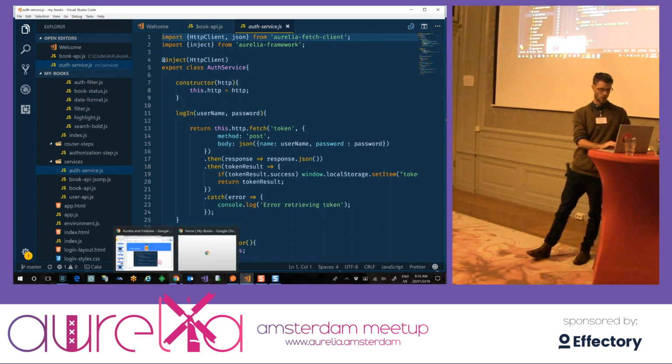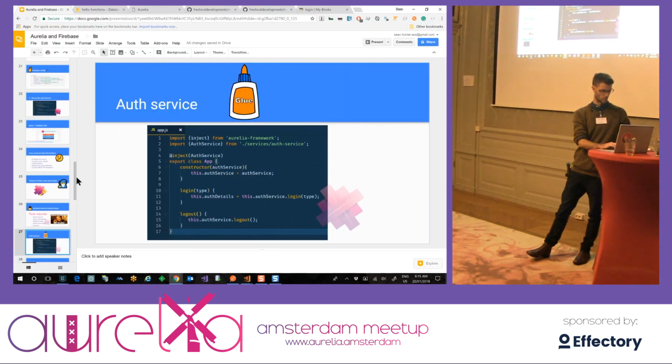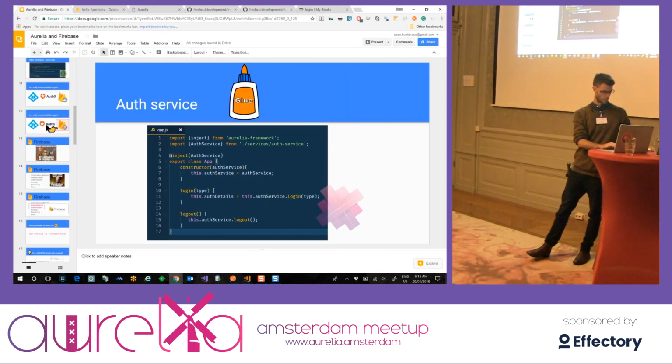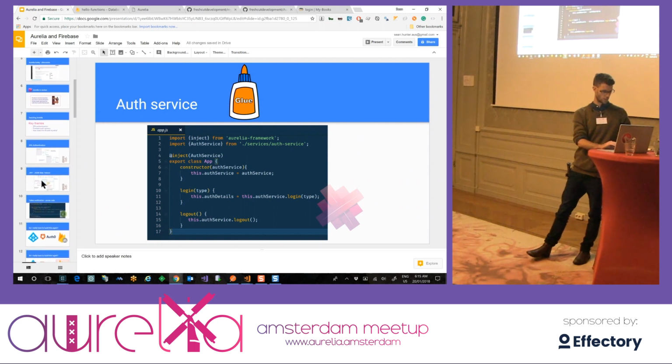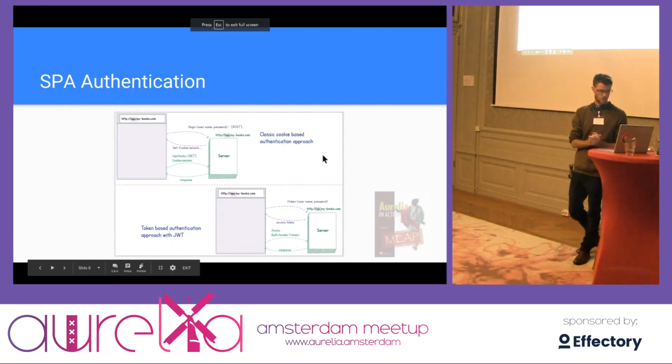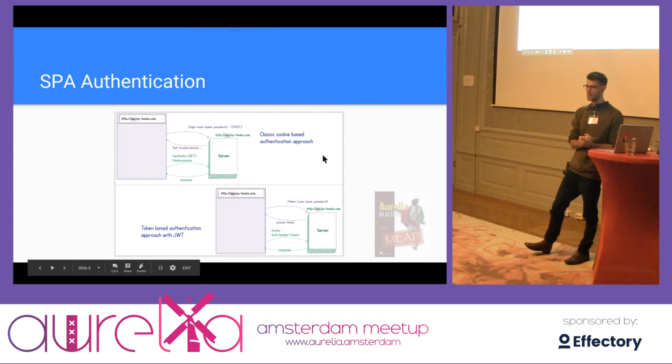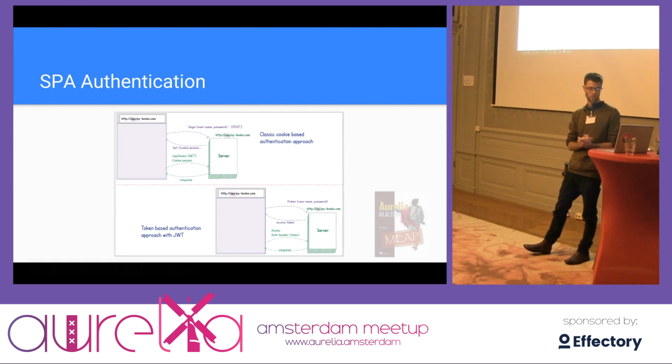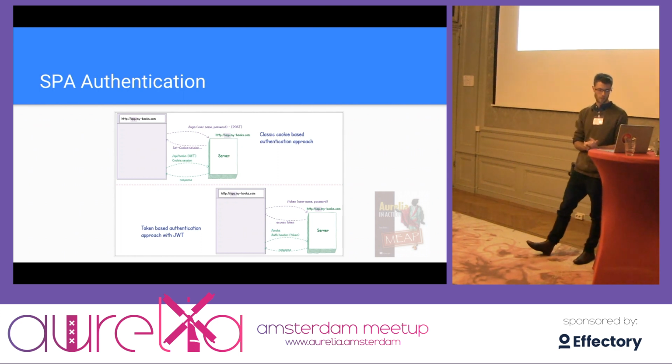If we go back to our model from earlier in the presentation, just to have an overview again. So the workflow basically goes like this. We post a token to the server, and the way that we do that, one way of doing that would be to post a username and password, and we get an access token back.